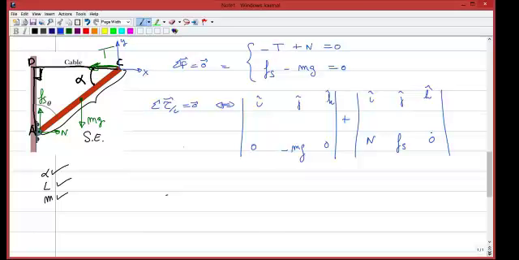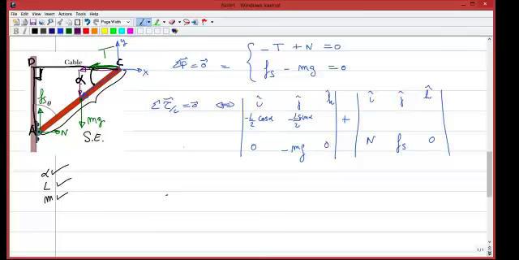The position vector for the torque due to the weight is from point C to wherever the weight is applied. So that's L divided by 2 cosine alpha negative, and sine alpha also negative, because this position vector can be decomposed into the x and the y.